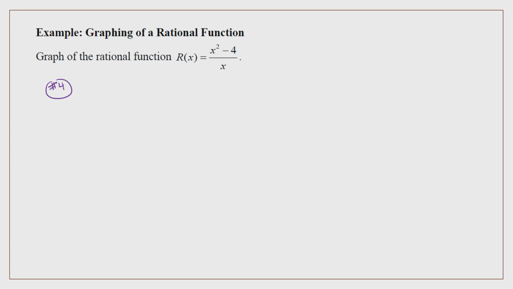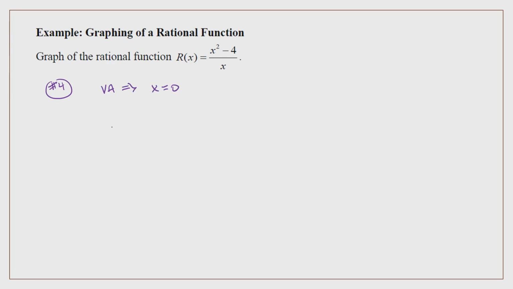Okay, now to find vertical asymptote, we're going to find the real zeros of the denominator. And we already know that the real zero of our denominator is going to be when x is 0. So our vertical asymptote is going to be x equals 0.